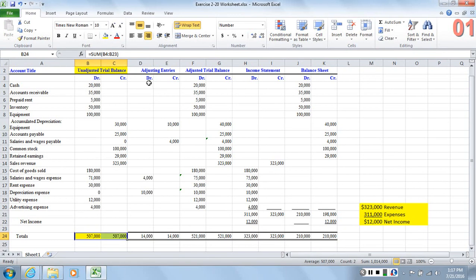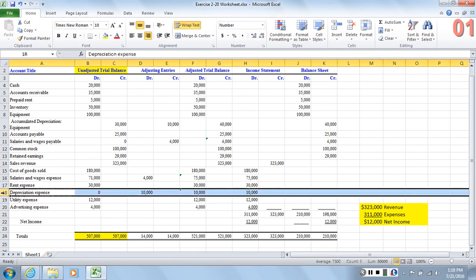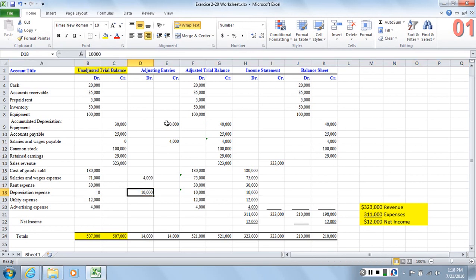So we have debit, credit here as well. So it looks like I had to remove the numbers so that my formulas would work. But we have the accumulated depreciation. That means there should be something over on the debit side that matches up, and there is. So depreciation expense, notice right here, depreciation expense was debited for $10,000.